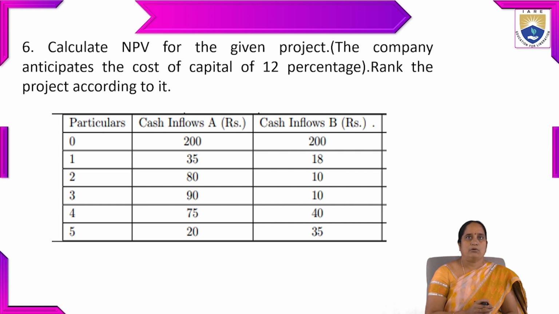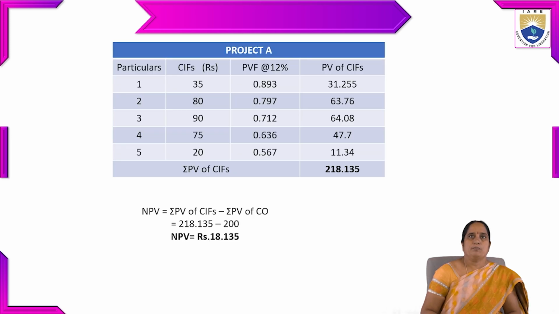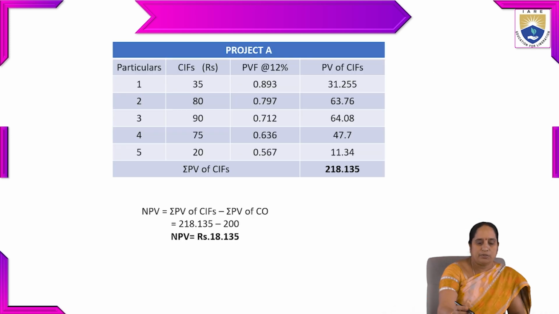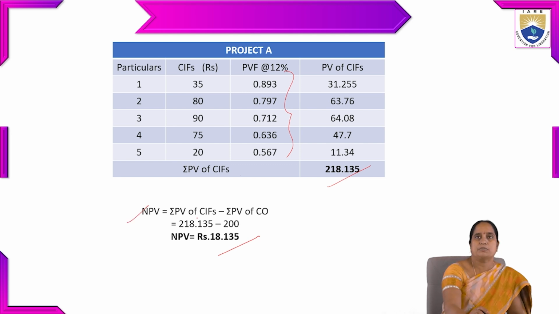The next, calculate NPV for the given project. The company anticipates the cost of capital of 12%. Rank the project according to it. So we have given two projects A and B. Project A NPV is 18,135. I have multiplied cash inflows with PV factors at the rate of 12% and identified the present value of cash inflows and substituted in the formula: NPV is equal to sum of PV of cash inflows minus present value of cash outflows.